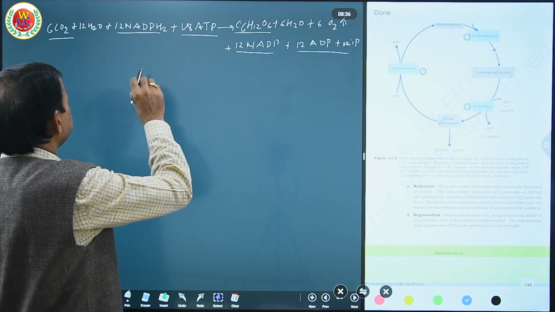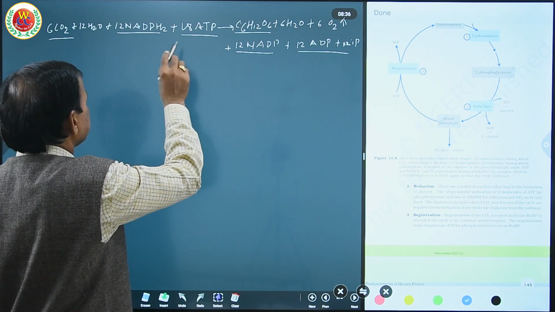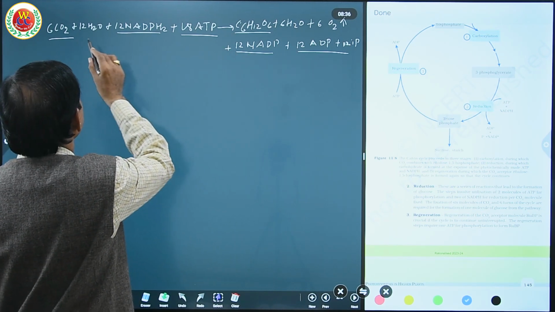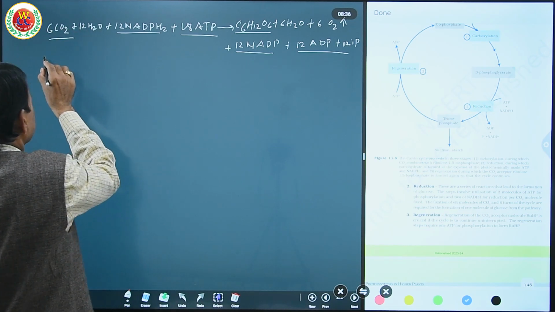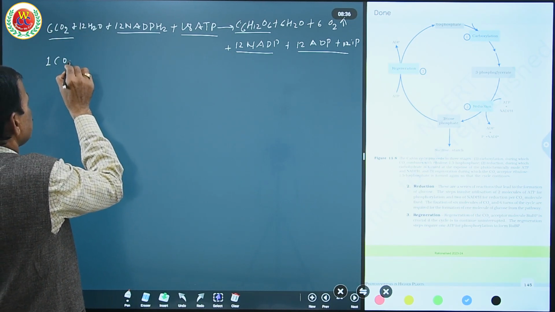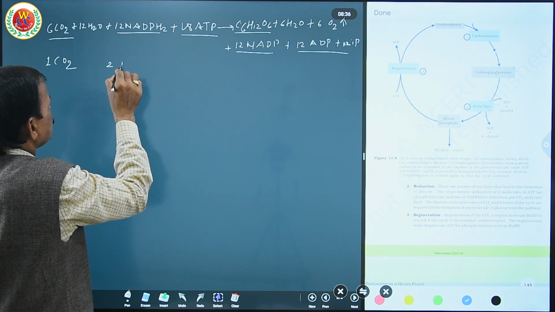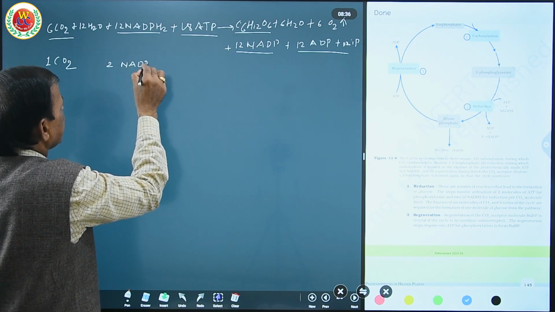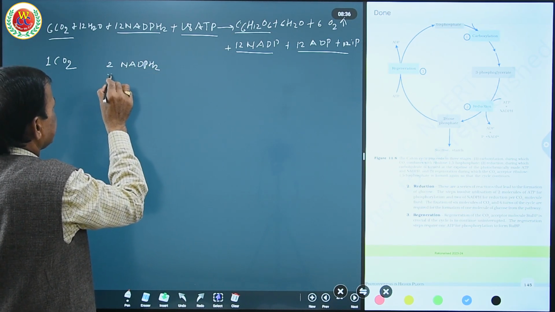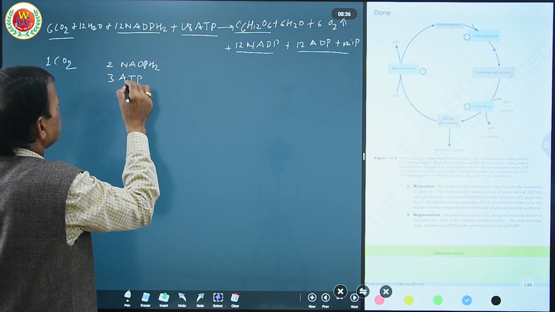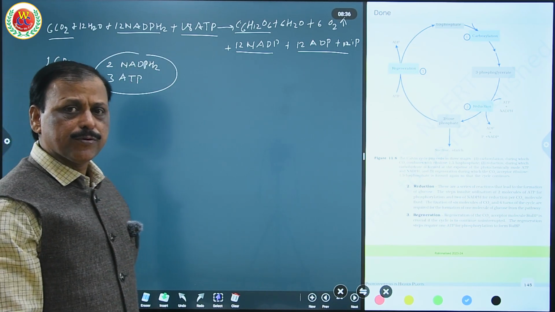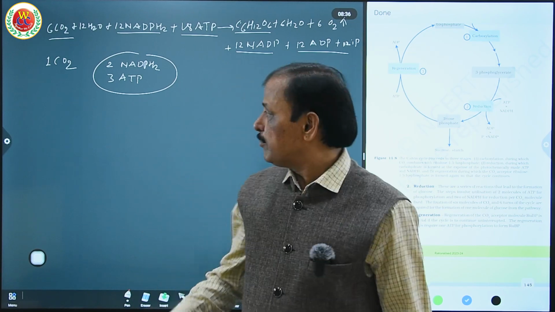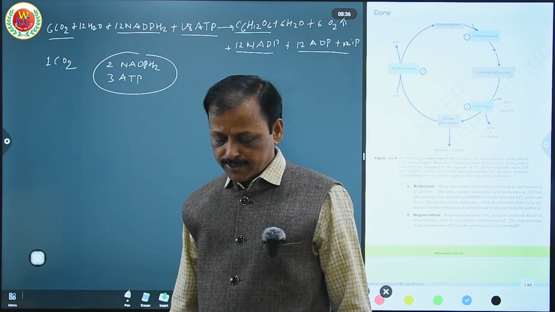Suppose a question can be asked: how many NADPH2 and ATP are required for reduction or fixation of 1 CO2? Then naturally 2 NADPH2 and 3 ATP. This is for 1 molecule of CO2, the number of NADPH2 and ATP required.